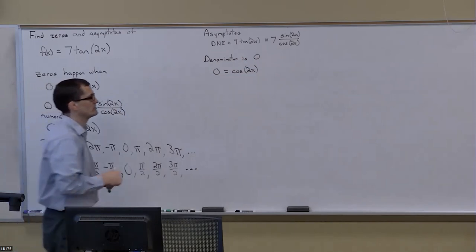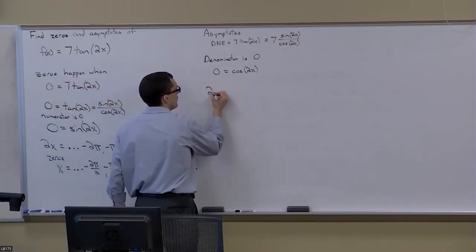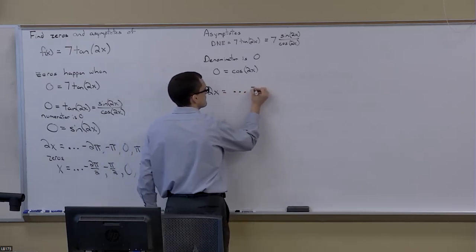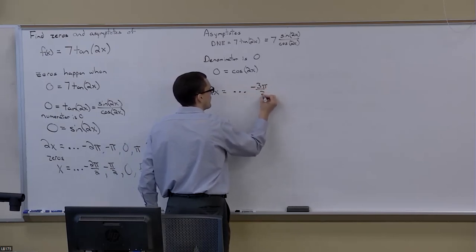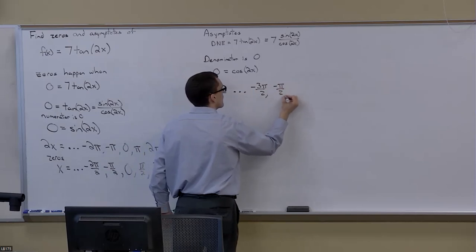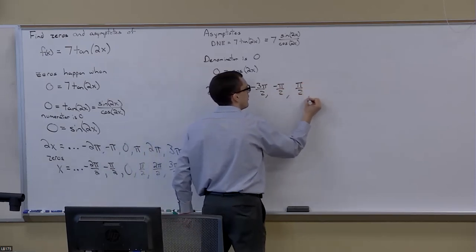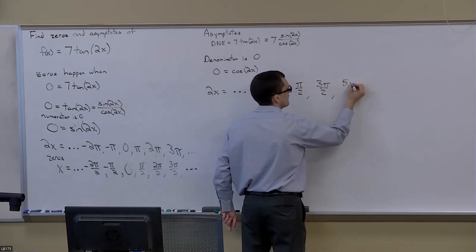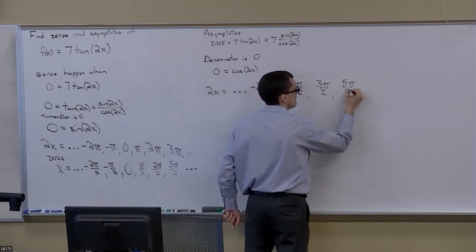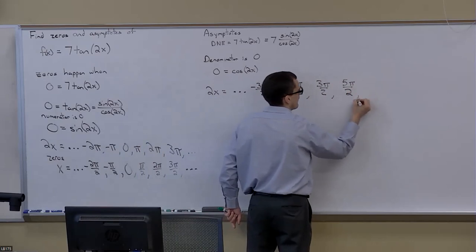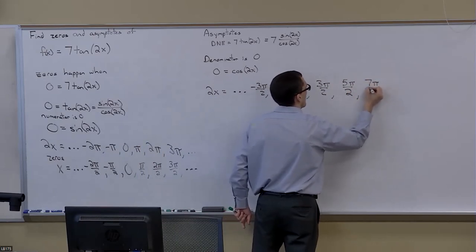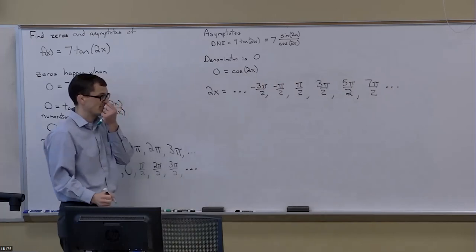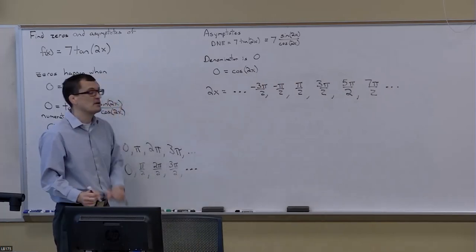And we just saw where cosine was 0. Cosine is 0 when the argument inside is negative 3 pi over 2, or negative pi over 2, or positive pi over 2, or positive 3 pi over 2, or positive 5 pi over 2, or positive 7 pi over 2. And then divide everything by 2. What's going to happen?